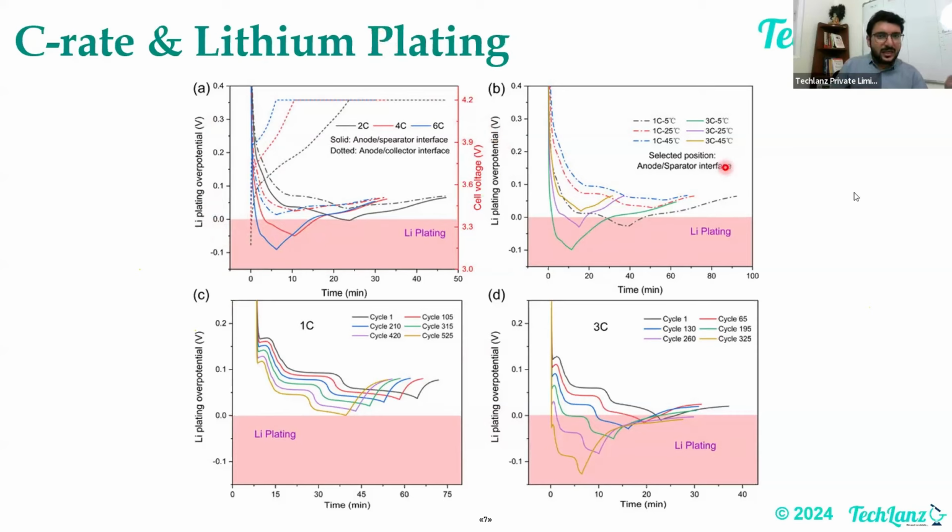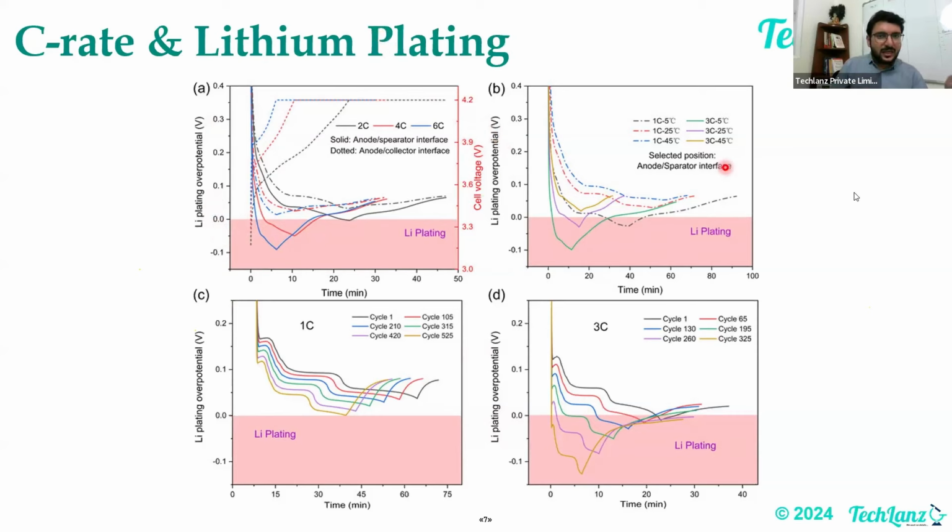Now, in this 3C charging condition, in the first cycle, when your battery pack is completely new, the chance of lithium plating is comparatively lesser, so lithium plating will not be very severe. But as a battery ages, see this is the cycle number graph. This is cycle number 65, this blue color is cycle number 130, this is cycle number 325.